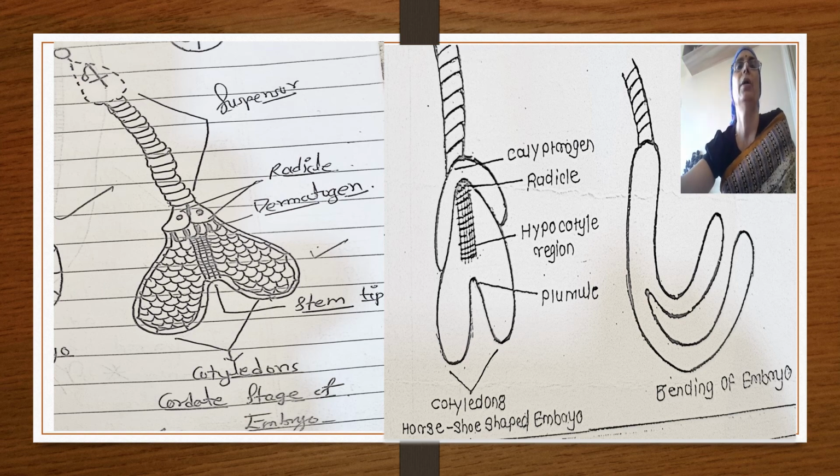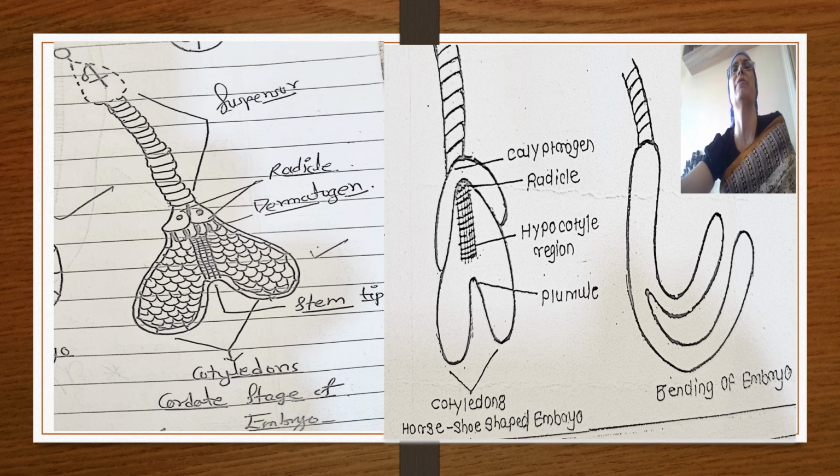Now what happens to this? The differentiation has taken place. In future, the dermatogen will give rise to the root epidermis, and the periblem will give rise to the cortex, and plerome will give rise to the conducting tissue, the xylem and the phloem. All right. So after this, you can see the bending of the cotyledons here. You can see how the cotyledons are bending, and they are elongating also till they occupy the whole space.